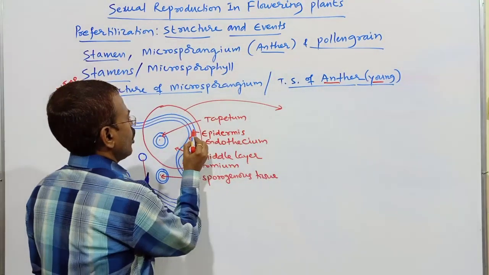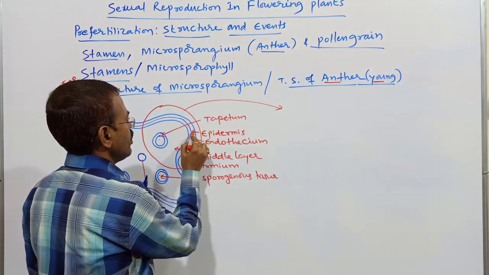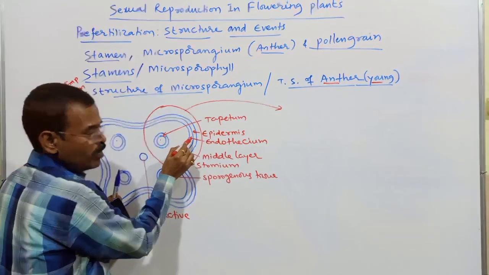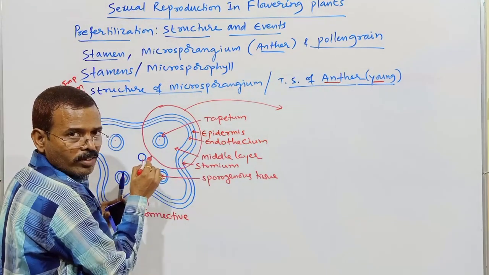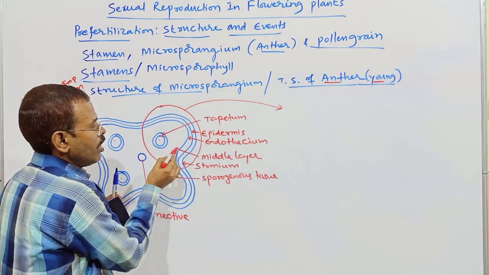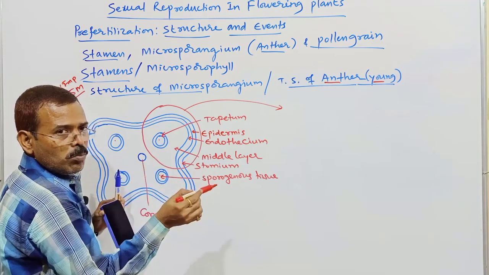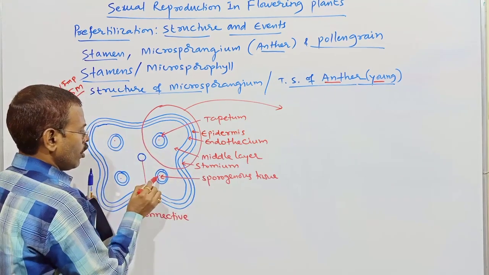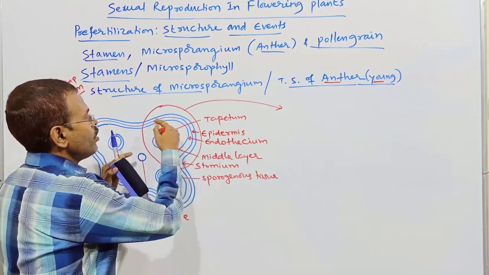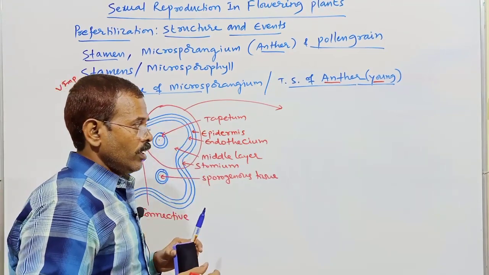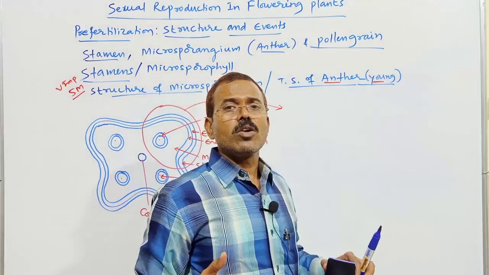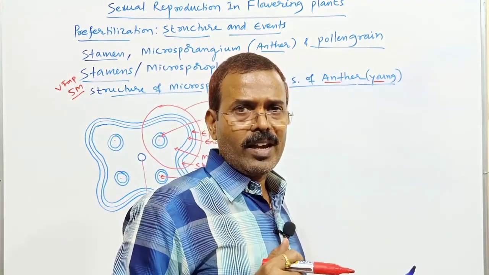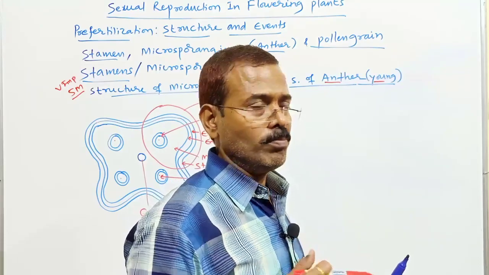The first wall layer is the epidermis, and the second wall layer present beneath the epidermis is the endothecium, and the third layer is the middle layer, and the innermost wall layer is the tapetum. This is what we call sporogenous tissue. When this part is magnified, it shows the arrangement of different layers of cells in this young anther microsporangium.